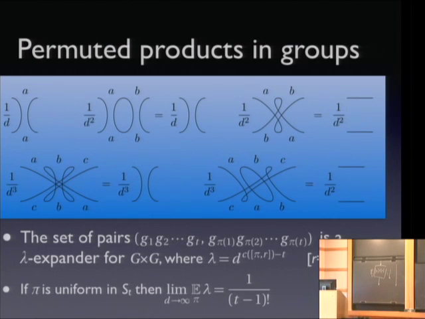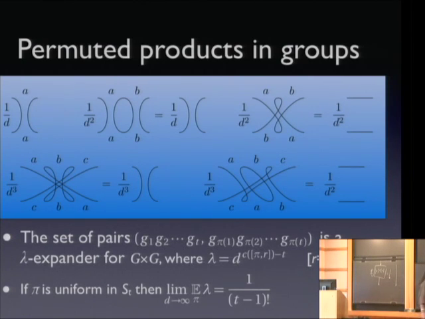So if you take the expectation over 3 group elements, you get 1 over D squared times the identity matrix on G cross G. Whereas here you get something proportional to the cupcap. So the upshot of all this is that the set of these pairs is an expander for G cross G, where the eigenvalue depends again on the number of cycles in this commutator.